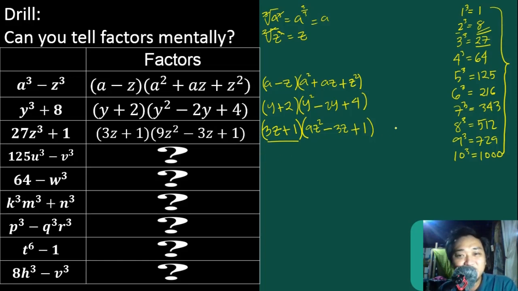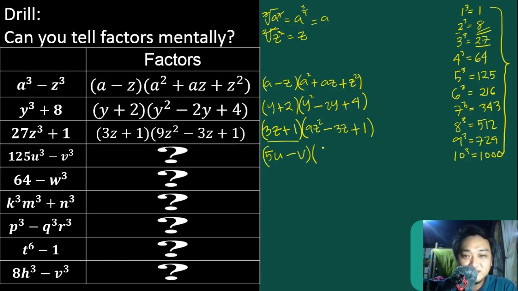This time, dire-diretsoy na natin. Kunyari, master na natin. Okay, that will be the cube root of 125 u cube is 5u. How about v cube? That is minus. The cube root of v cube is v.